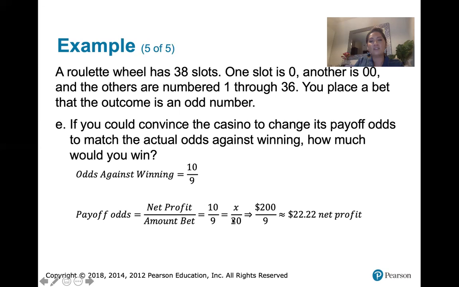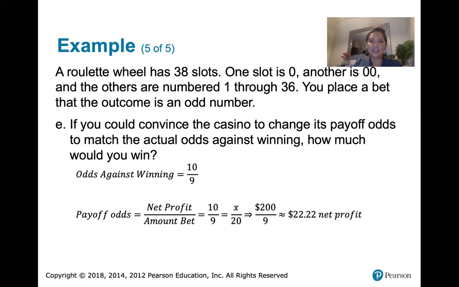If I solve this equation for X by cross multiplying, I'm going to get 10 times 20 is 200, and 200 equals 9 times X. If I take that 9 times X equals 200 and I divide both sides by 9, I get that X, that's my net profit, is exactly 200 divided by 9, which is approximately $22.22 net profit.